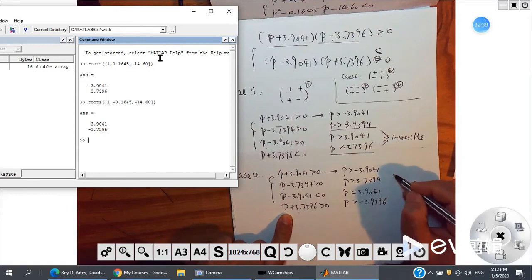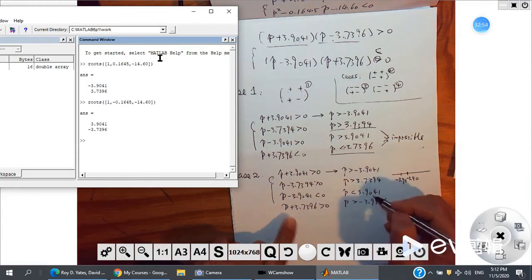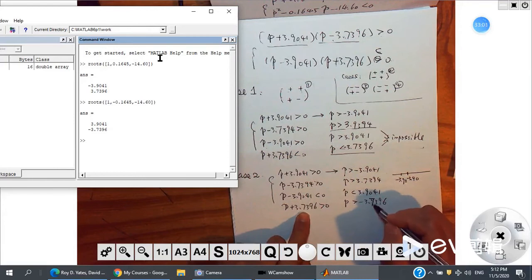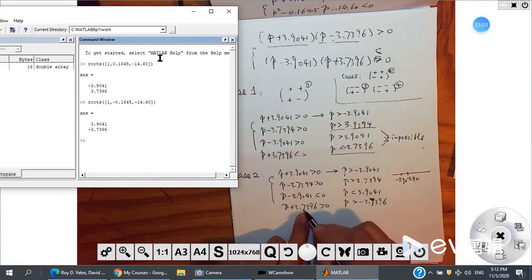You see, we have negative 3.9. Oh, I have two, the 3.93 and the 3.90. Okay, it's the same thing. Oh, this is 7. I'm sorry, it's 7. Put the wrong one.